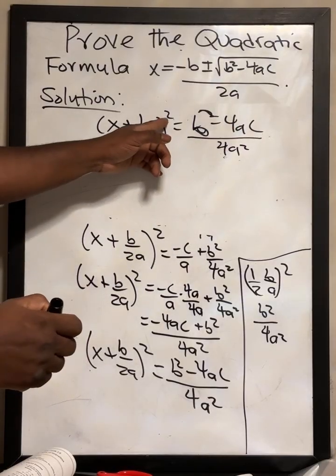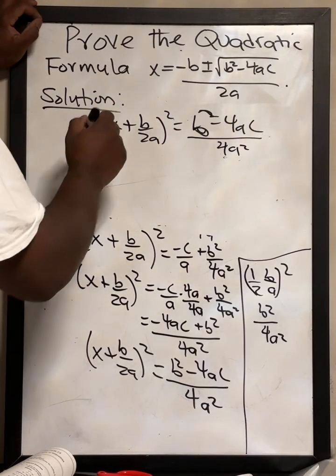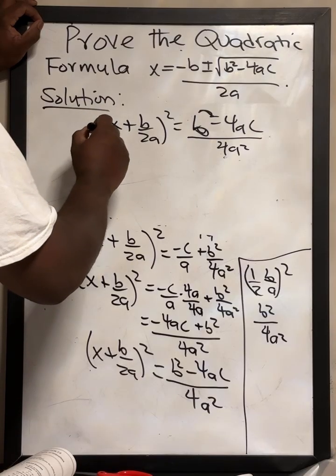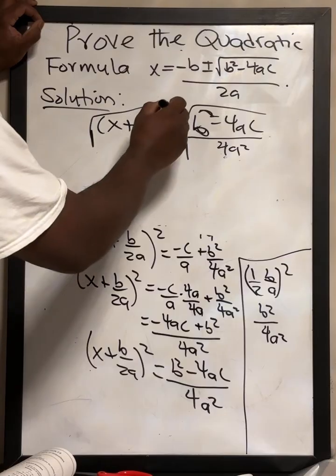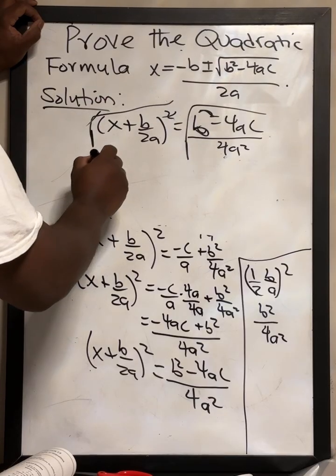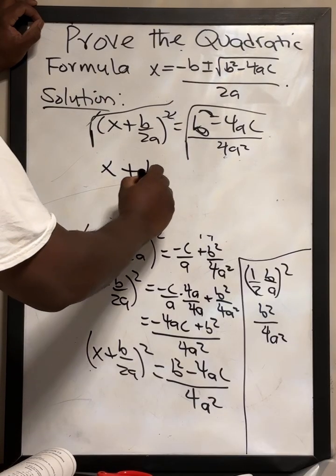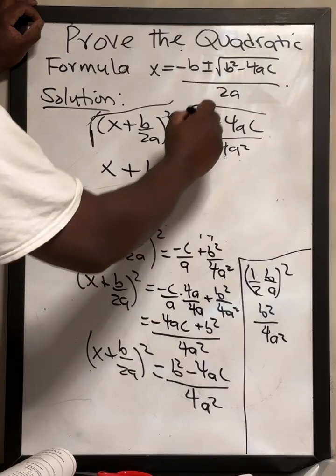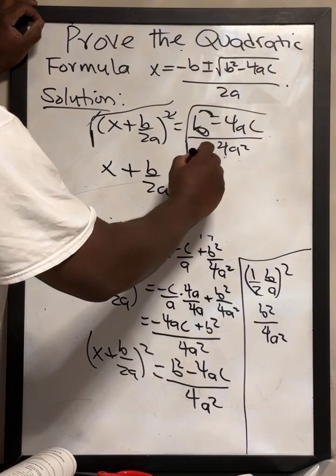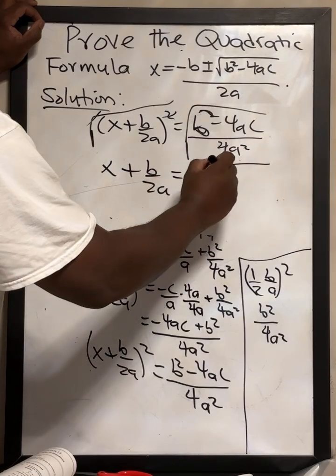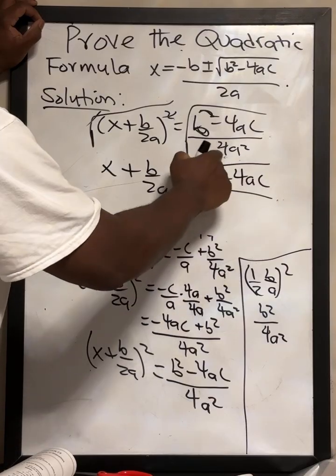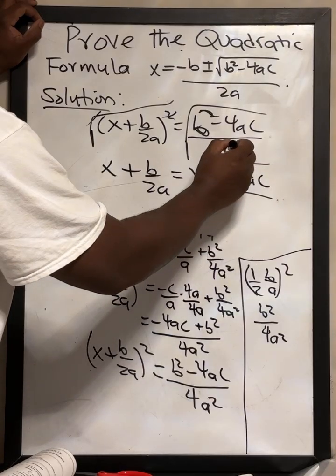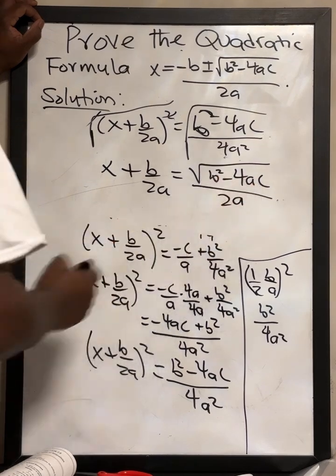We want to get rid of the square, so we take the square root on both sides. So this cancels that, so we have x plus b over 2a equal to the square root of b squared minus 4ac all over the square root of 4, which is 2, and the square root of a squared, which is a.